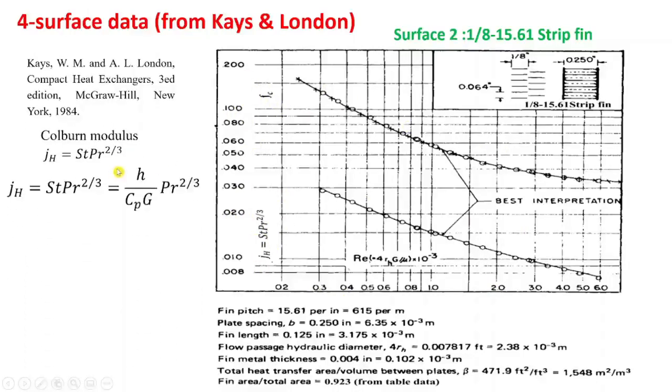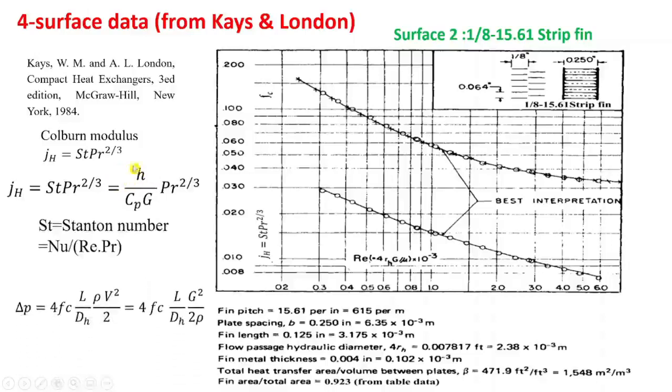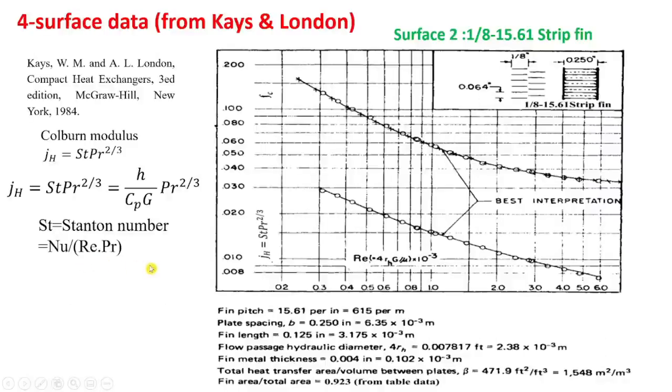The same thing applies as we said before in order to get the heat transfer coefficient and to get the pressure drop. Notice that the information here for the strip fin is totally different. For example, beta is 1548 square meters per cubic meter, and the same for other parameters. It is not the same because this is a totally different surface.